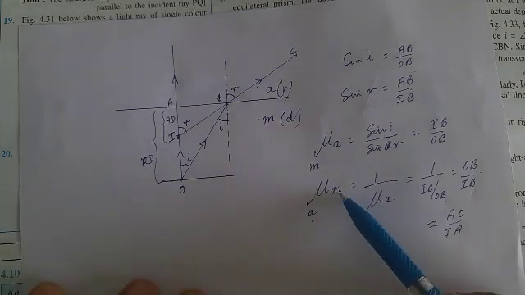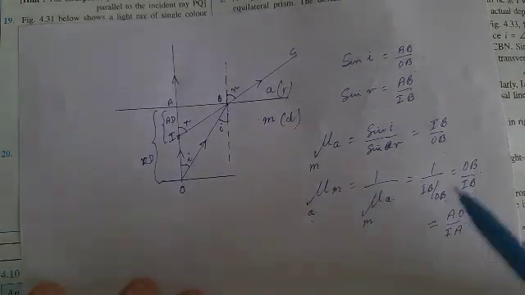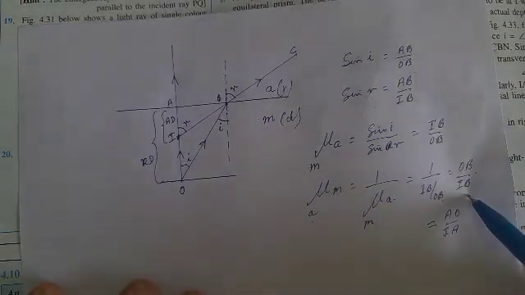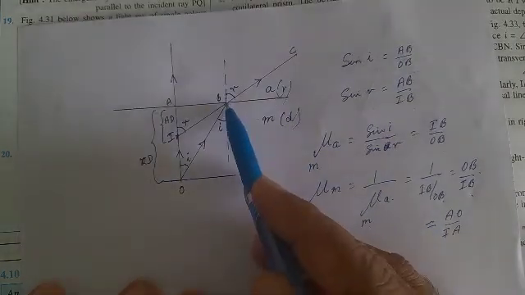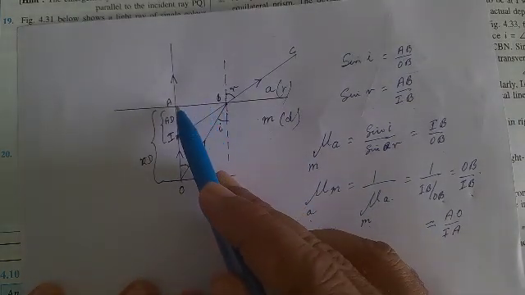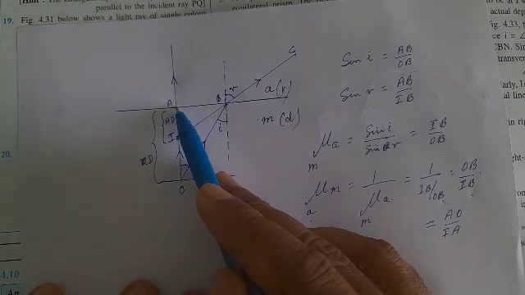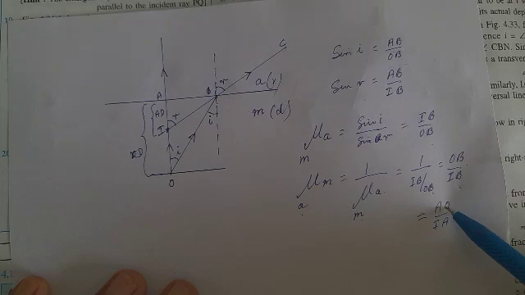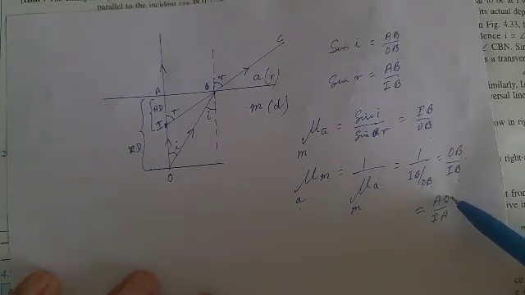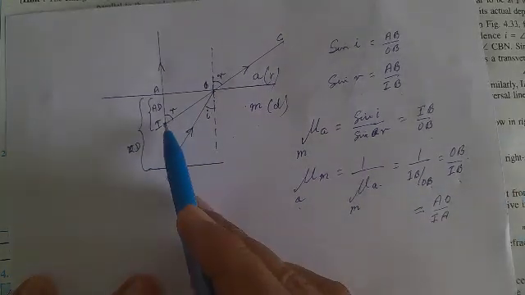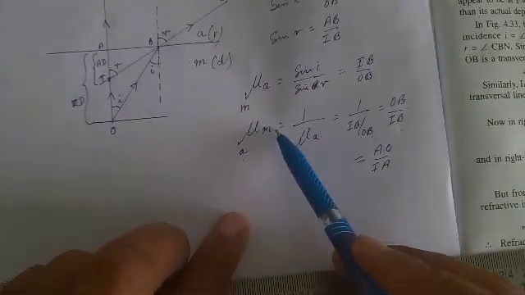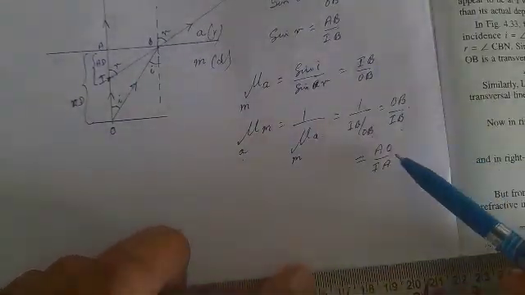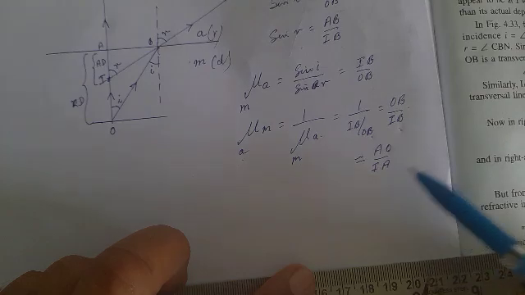I got my refractive index of the medium with respect to air, which is OB by IB. Now I bring this B closer and let it coincide on A. So OB will be written as OA, and IB will be written as IA. So it becomes refractive index of medium with respect to air is AO by IA.